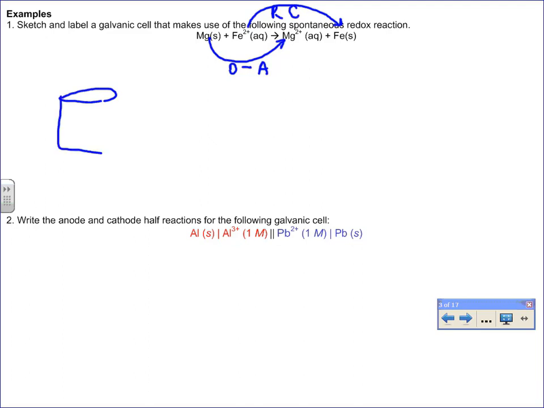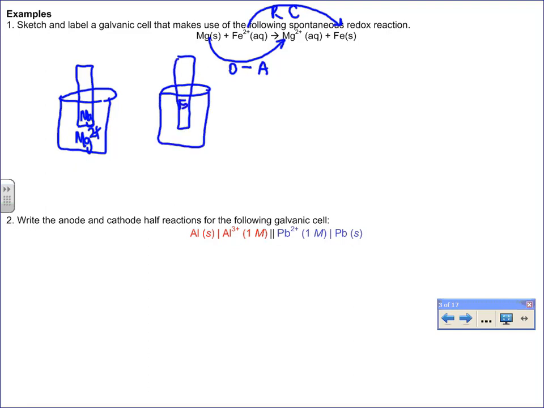To set up the cell, okay, you need a beaker with the appropriate metal. So we've got a magnesium bar in a magnesium solution, connected to an iron bar in an iron 2+ solution.